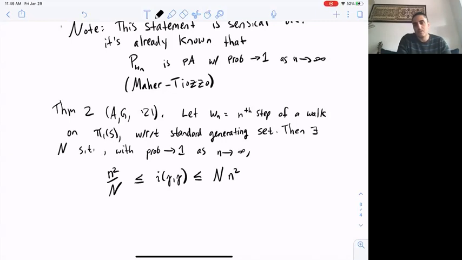What would you expect it to be? You expect it to be exactly like this, in fact. The self-intersection should be like a square of the length. That's what you would expect.